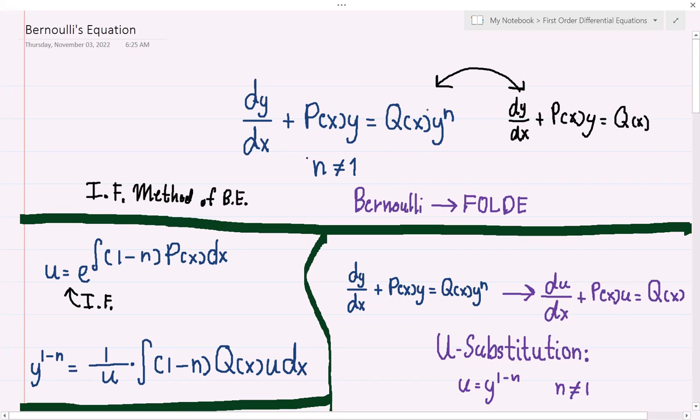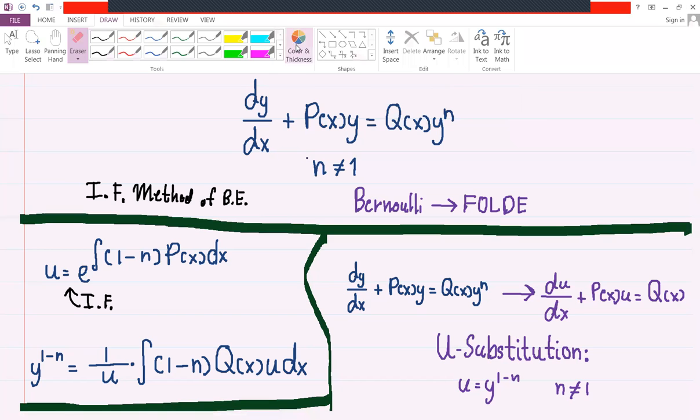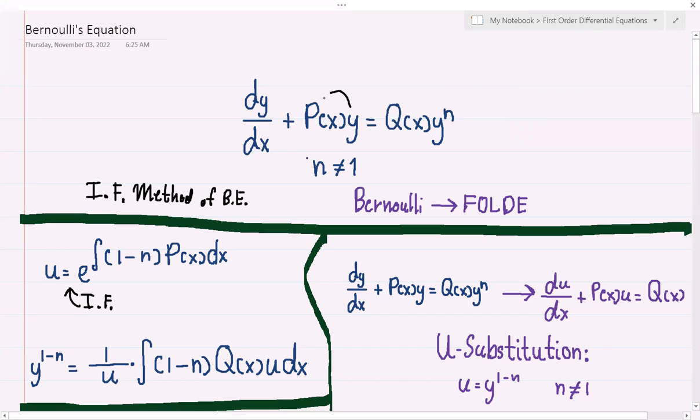However, the difference is that your q of x has a variable of y, unlike here, where there is no variable of y. So that means in your Bernoulli's equation, there are two y's or two dependent variables, and each of them is in a different function of x, because you have your y as your p of x and you have y raised to n as your q of x.